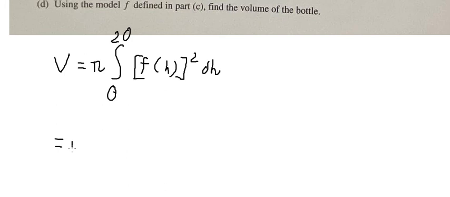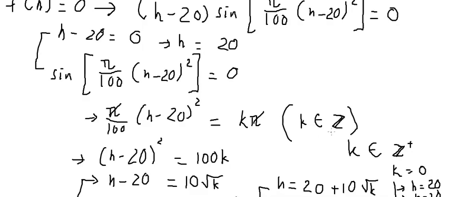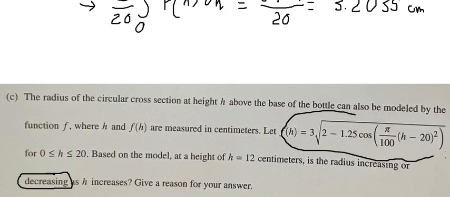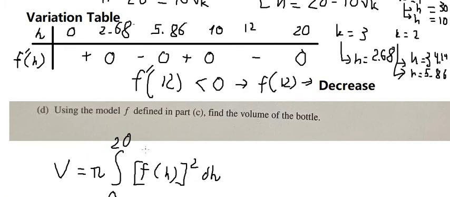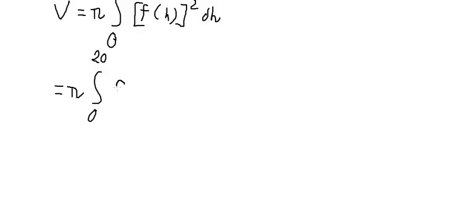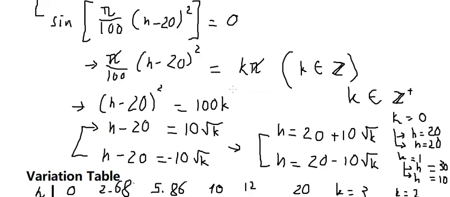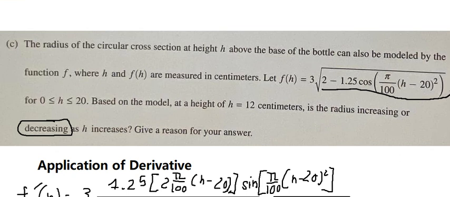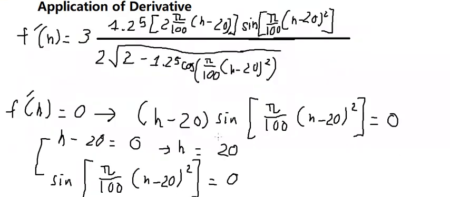So we have this function in here, and we know we have the square root, and we have 3 in here. If we put the power 2, you get 9 multiplied by this one under the square root. So I will copy this one in here.